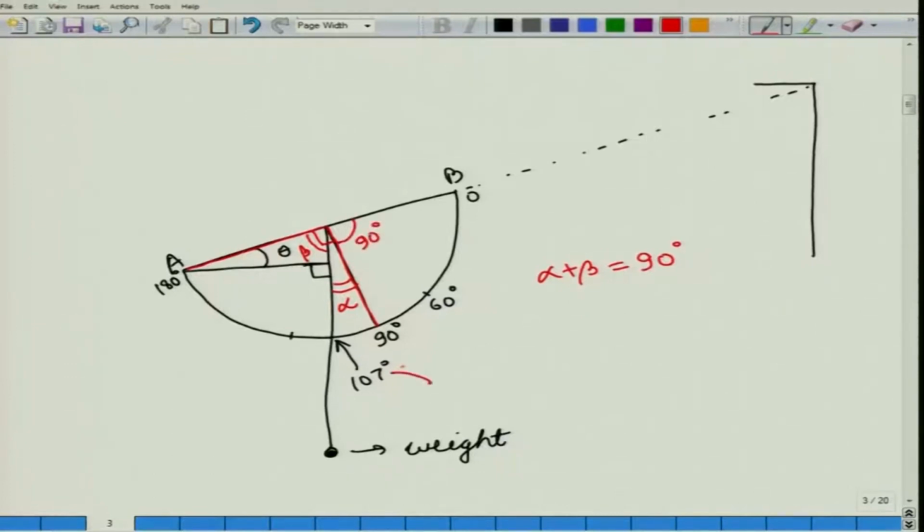So this angle 107 degrees, it is 90 degrees plus alpha. So we will get that alpha is equal to 107 minus 90, which is 17 degrees. Now in this, we have gotten the relation that alpha plus beta is equal to 90 degrees. Now consider this triangle.